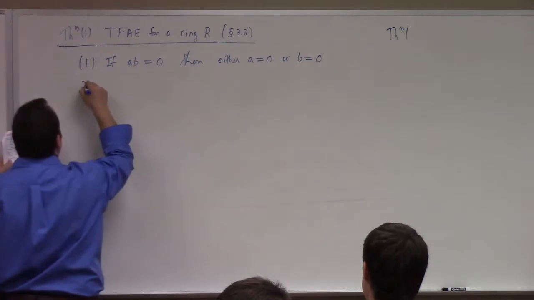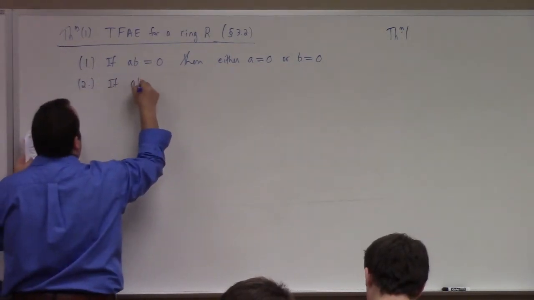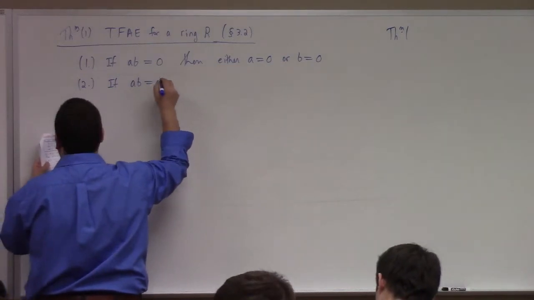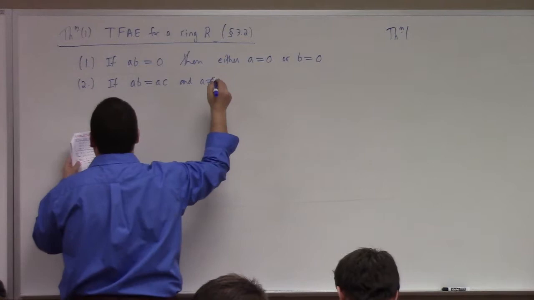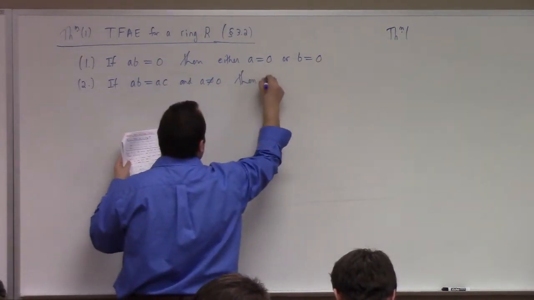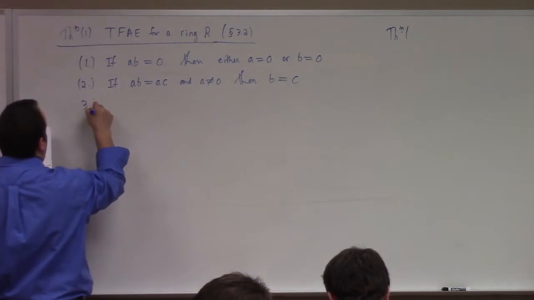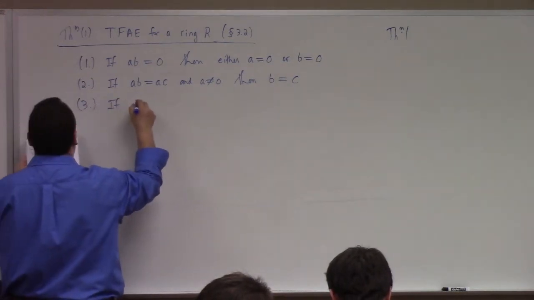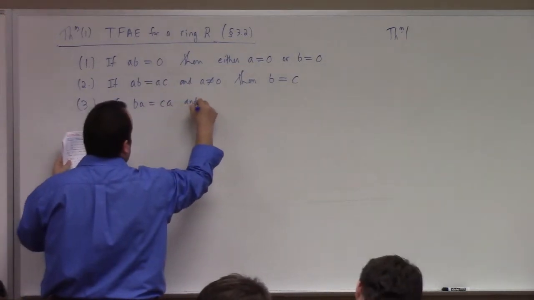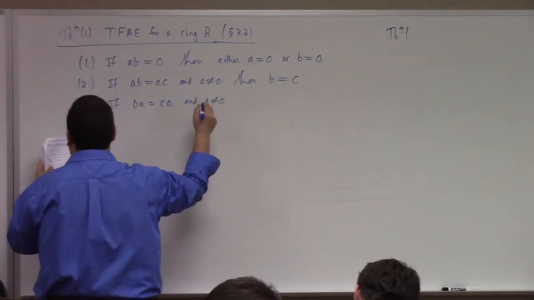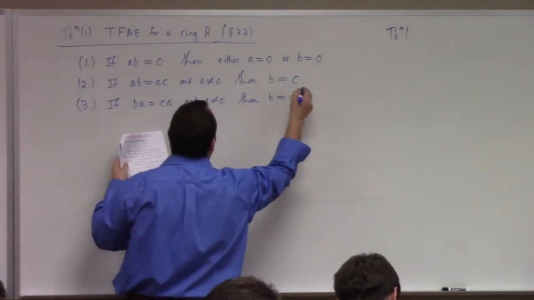Number 2, if AB equals AC and A is not equal to 0, then B is equal to C. Number 3, if BA is equal to CA and A is not equal to 0, then B is equal to C.